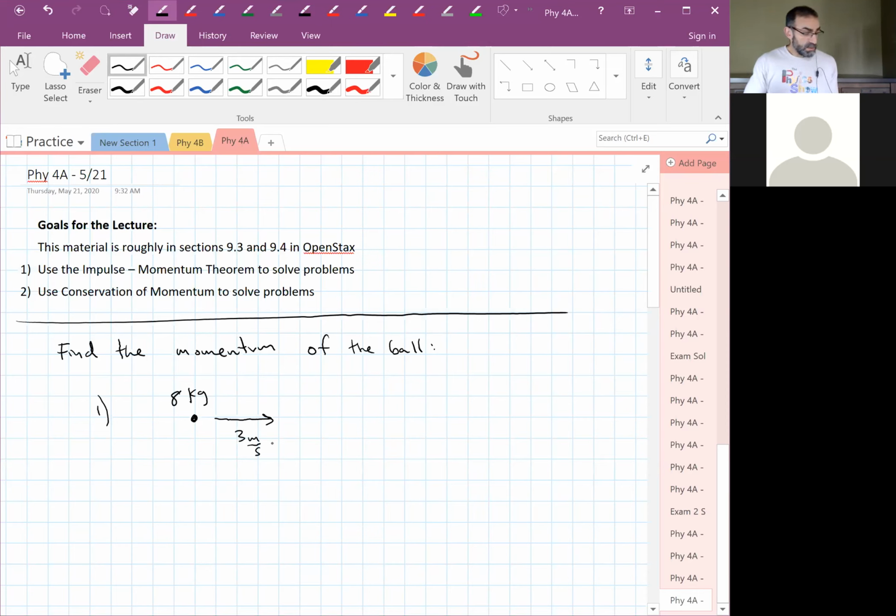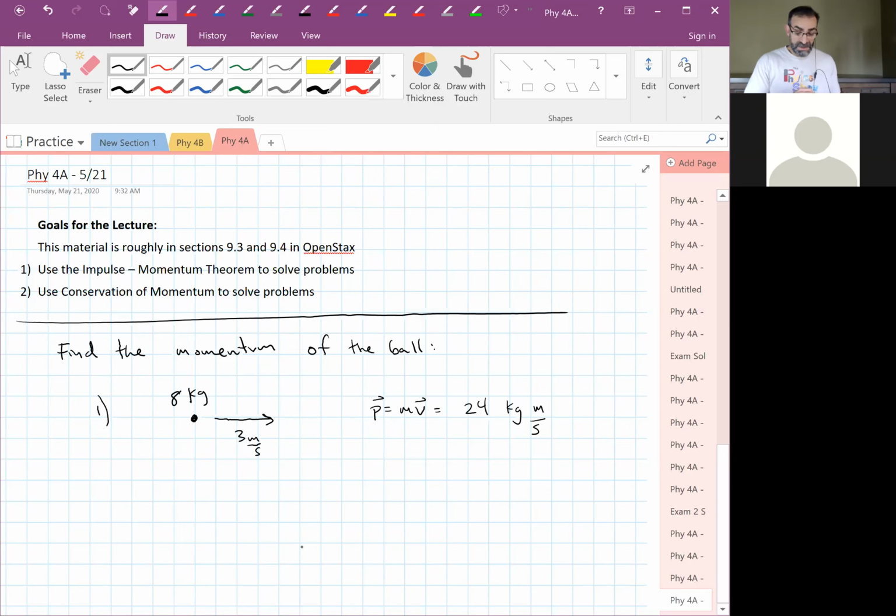Okay, so find the momentum of the ball. Momentum is just mass times velocity.